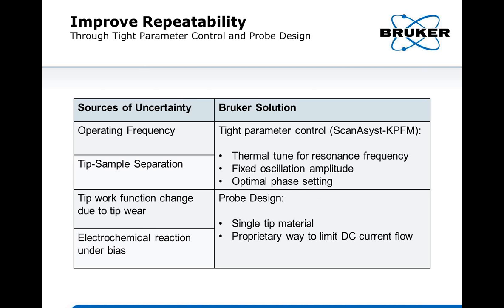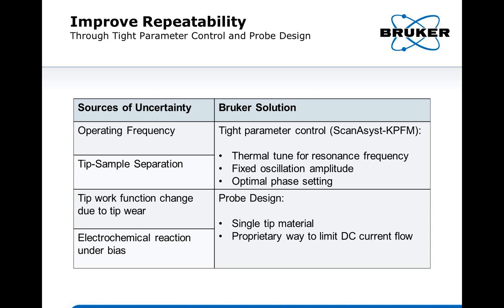So we have this software to automatically and accurately find the resonance frequency of the cantilever using thermal tune. It's built in the software to keep the operating frequency accurate on the resonance. And to make sure the tip always stays the same distance above the sample, we fix the oscillation amplitude regardless of what kind of probe you use.